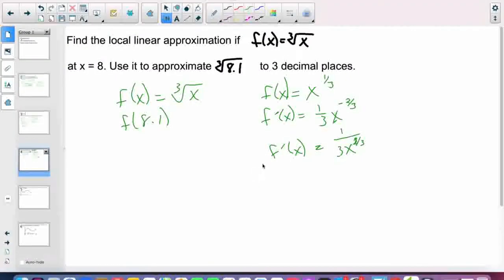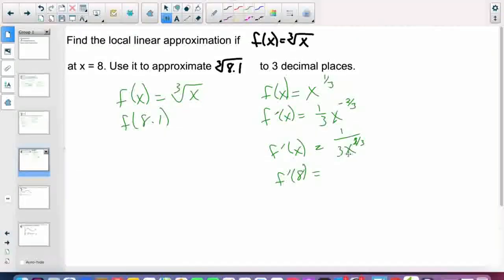And they asked me to approximate f of 8.1 by finding the local linear approximation of f of x equals the cube root of x when x equals 8. So they want us to find f prime of 8. We'll have to find the slope of the tangent line at 8.